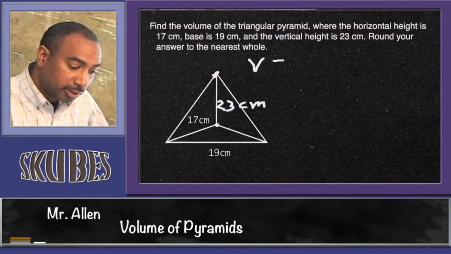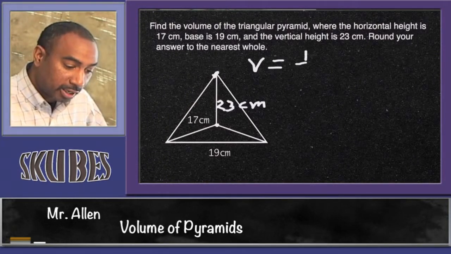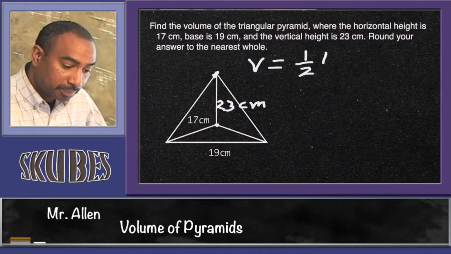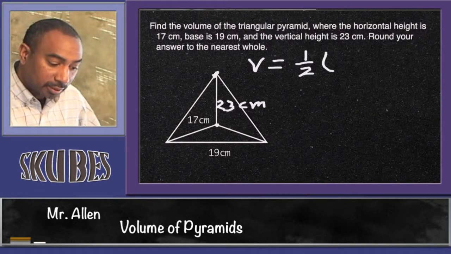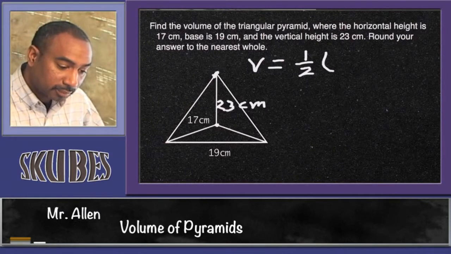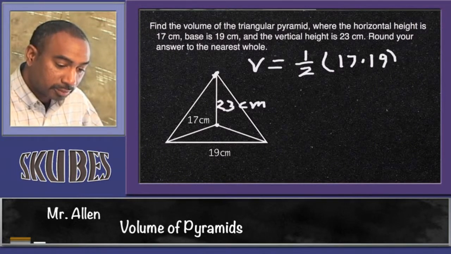So the volume is going to equal 1/3 times 1/2 base times height. So that's going to be 19 times 17, times 23.